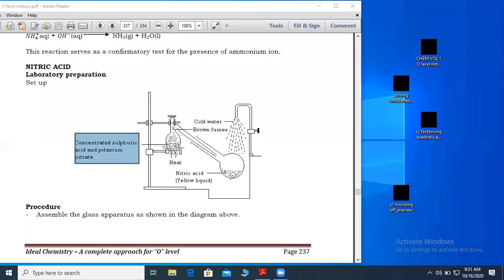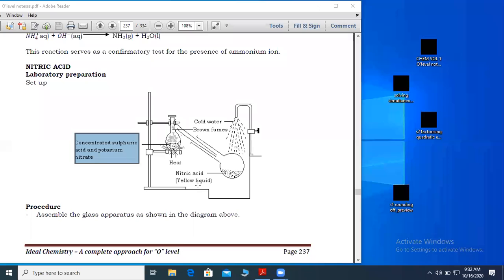Now, that nitric acid is formed as a yellow liquid, but it is supposed to be colorless. So why is it a yellow liquid? It is a yellow liquid because it contains dissolved nitrogen dioxide. So nitric acid here is a yellow liquid because it contains dissolved nitrogen dioxide.